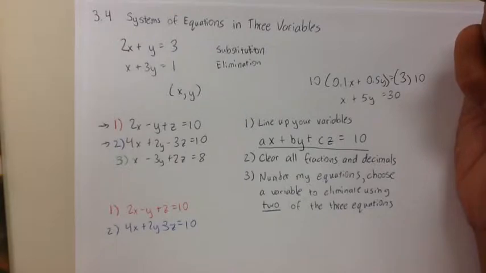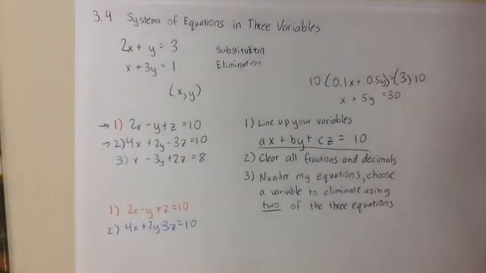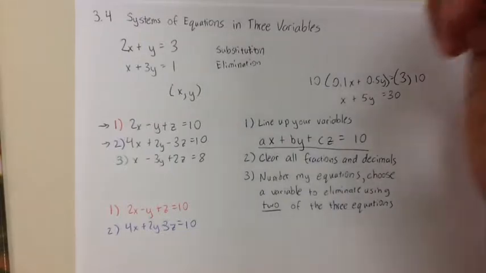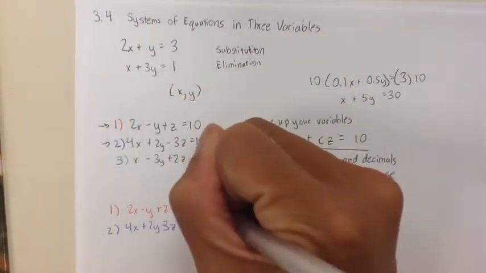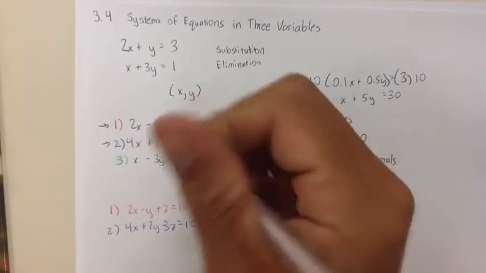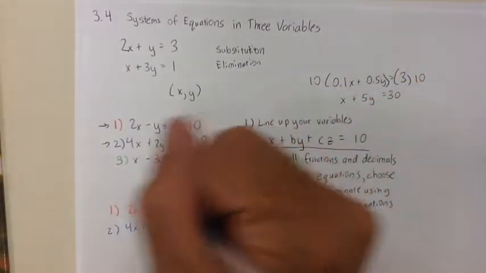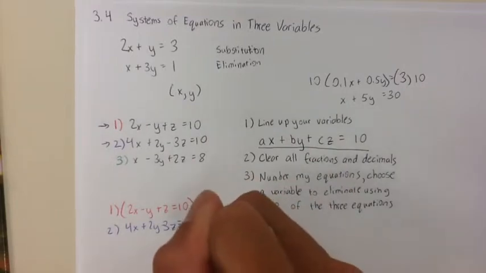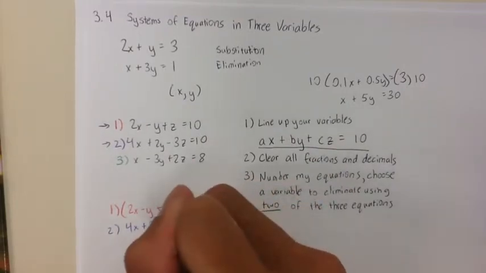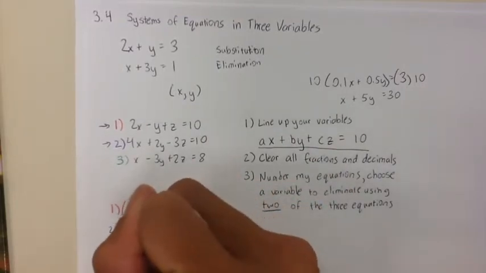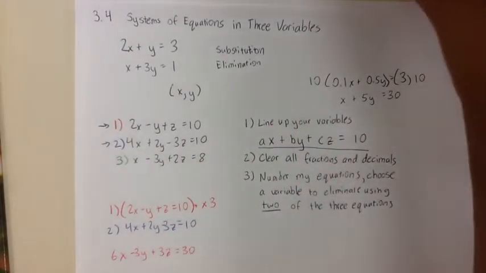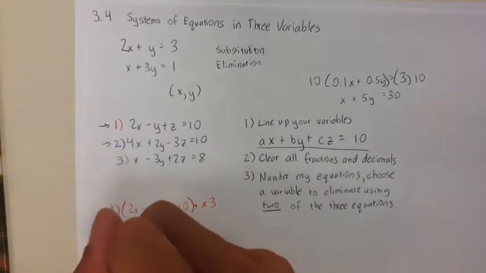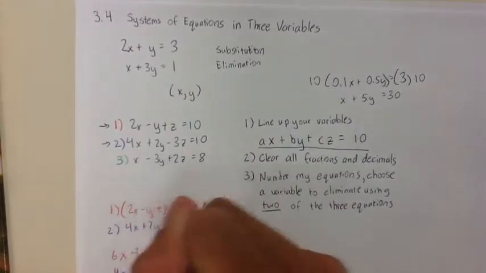Well, I see that if I multiplied everything by 3 in the first equation, I would get a 3z. So right here, let's multiply everything times 3, on both sides, which will give me a 30, a 3z, a negative 3y, and a 6x. And my second equation is going to stay the same.